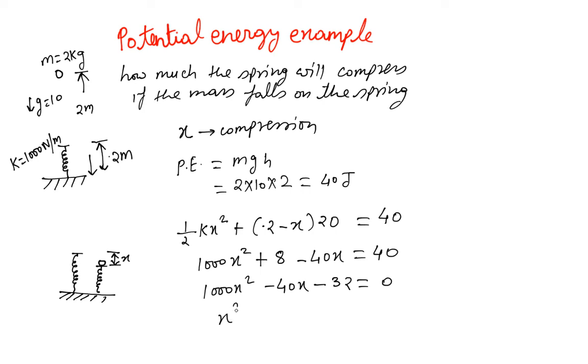Or you can also write x squared minus 0.04x minus 0.032 equals 0.